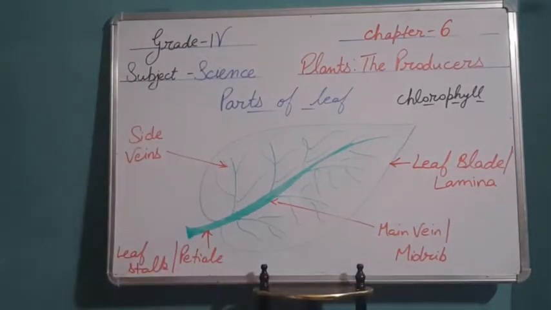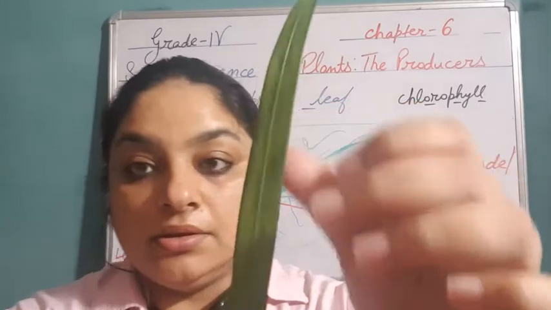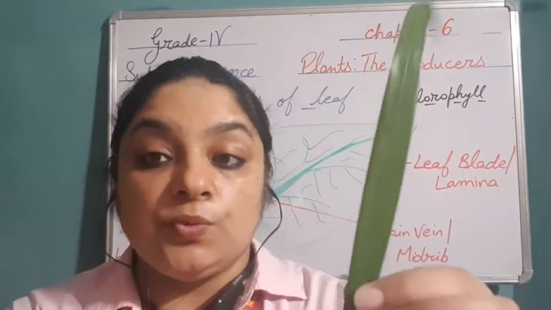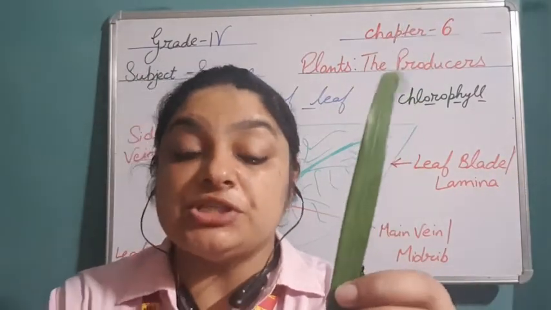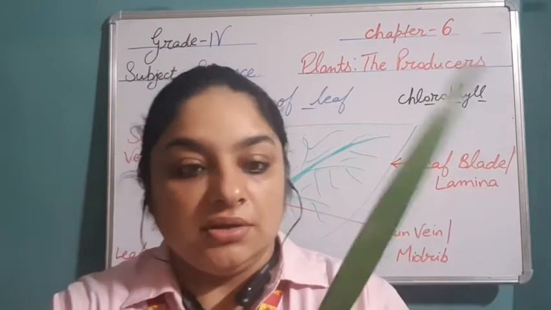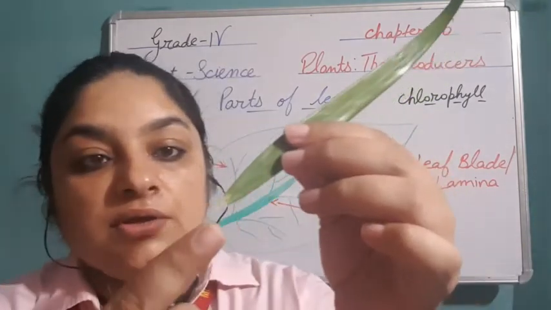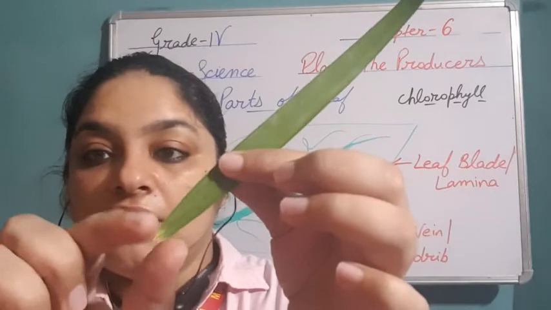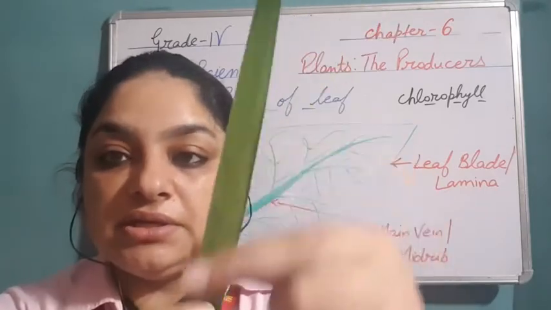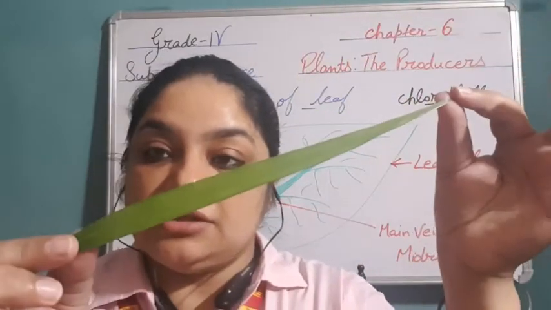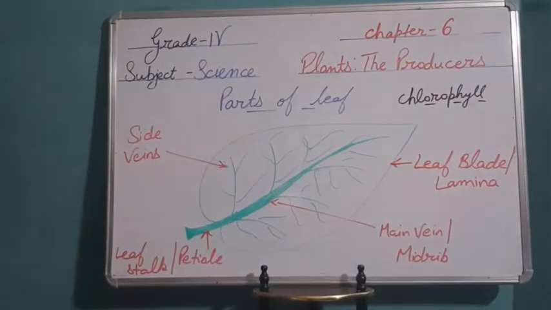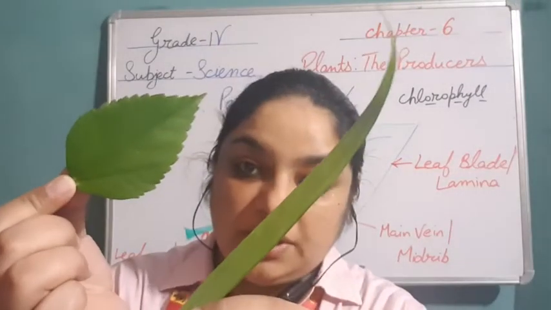I have one more leaf, see. In higher grades, you will learn that there are different types of venation, how the lines are arranged on the leaf. Now see, this one is the petiole. After this is the leaf blade. See, the shape is also different, right?